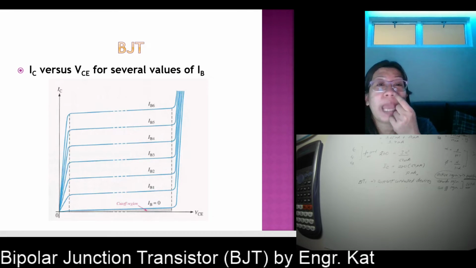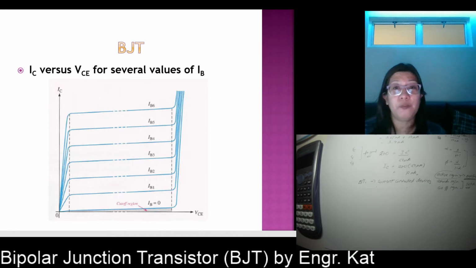So this is your IC versus VCE for several values of IB. This is your IC, class, and this is your VCE. As you can see, the value of your VCE doesn't affect your IC. So which parameter has an effect on your IC? It is your IB.